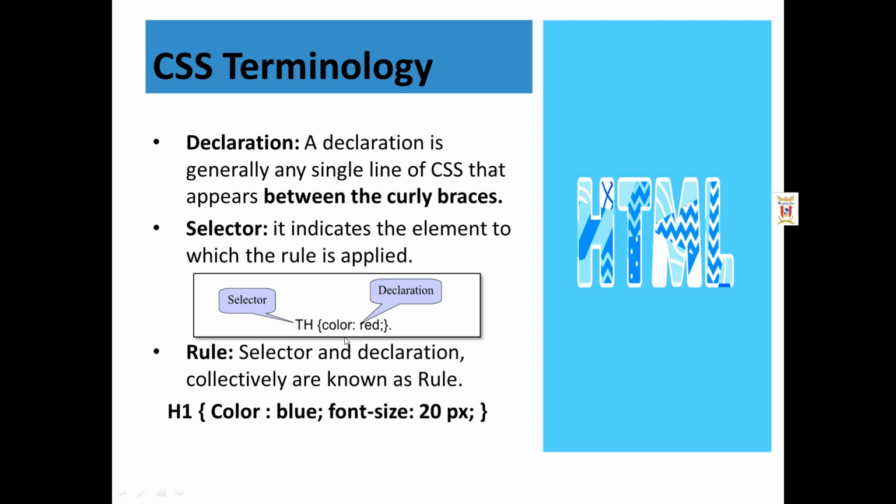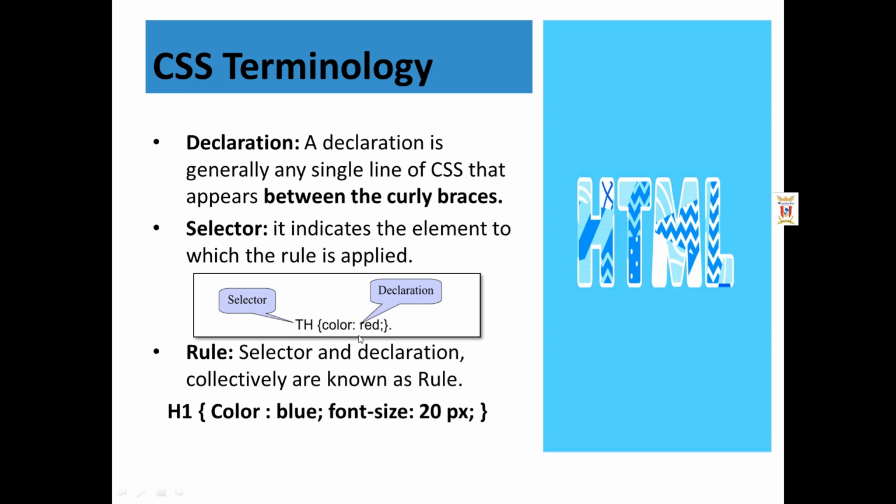As you can see in this example, color is the property, red is the value, and it is between the curly braces.